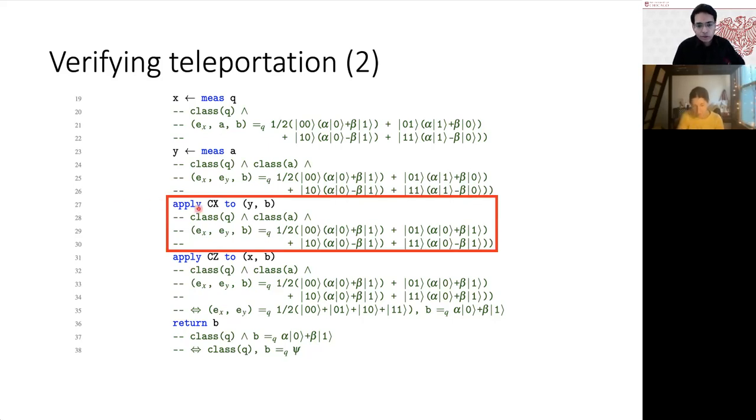Then another interesting thing is when we are applying this CX gate using the given bit Y and the qubit B. As we saw in the previous proposition, we had some hold of the state that Y could take.